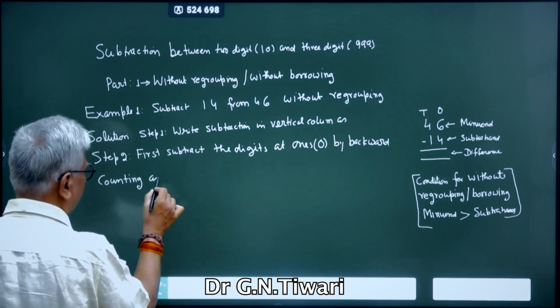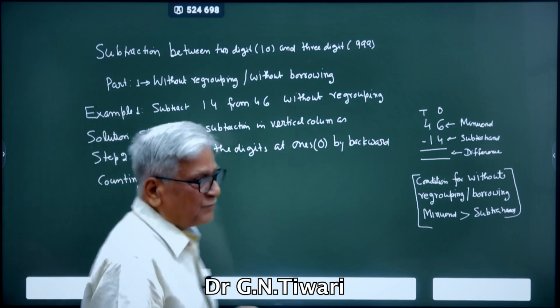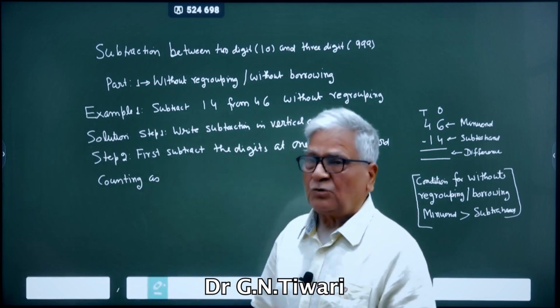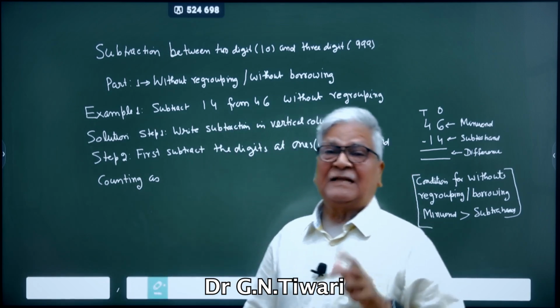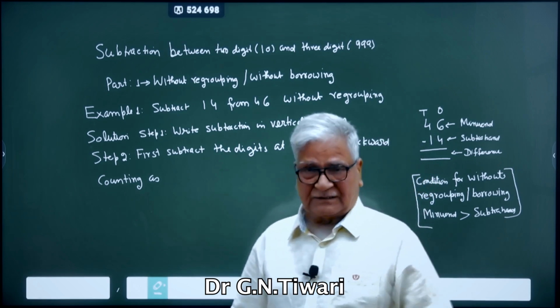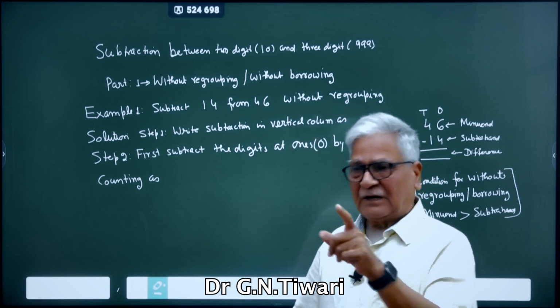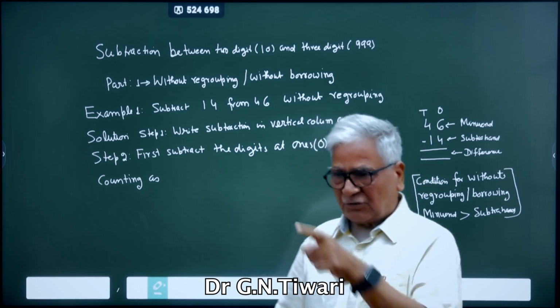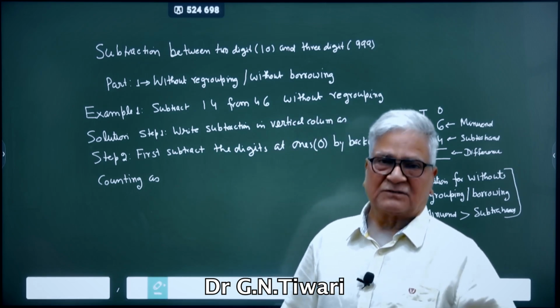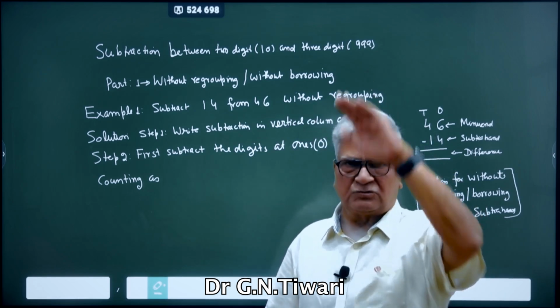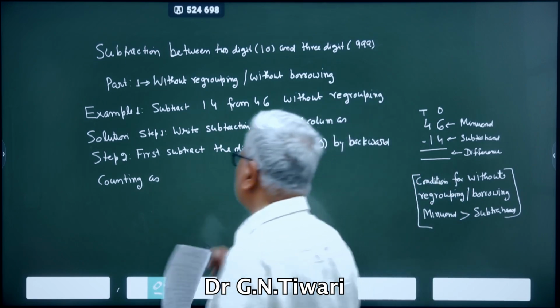For example, I have shown in addition there is a forward counting and there are 4 methods. First, by using square, by using vertical line, by using the number line, by using tens and ones. So any method you just take, but you have to subtract.